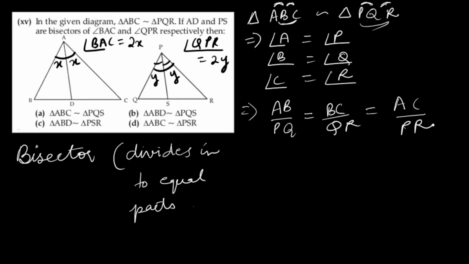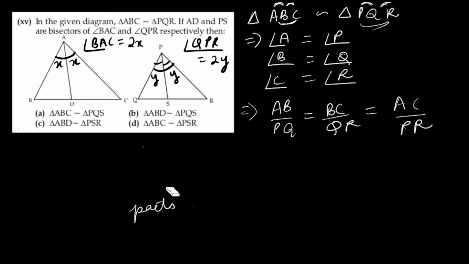These two things we get with the help of similarity. If two triangles are similar, their angles are equal and the ratio of the corresponding sides is equal. So here, what I have assumed as x, both the angles are x only.